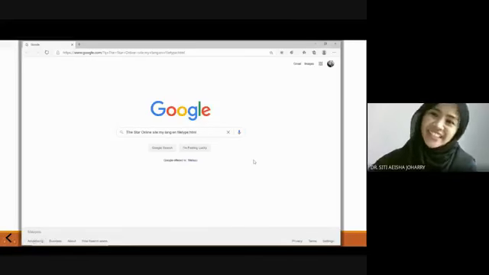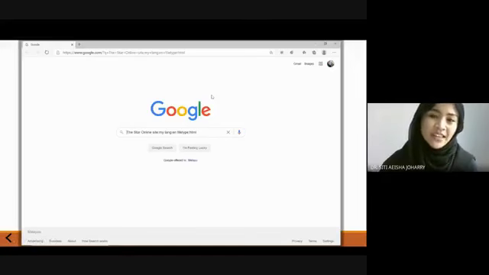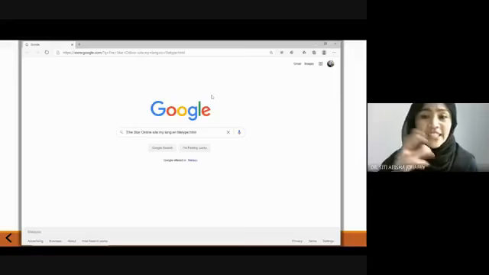I find that this is not necessary, mainly because you can still Google your own if you already know the particular website that you have in mind, like in my case, the Star Online. So I can easily go there and open up which part of the website I would like to take the web pages or URLs from.